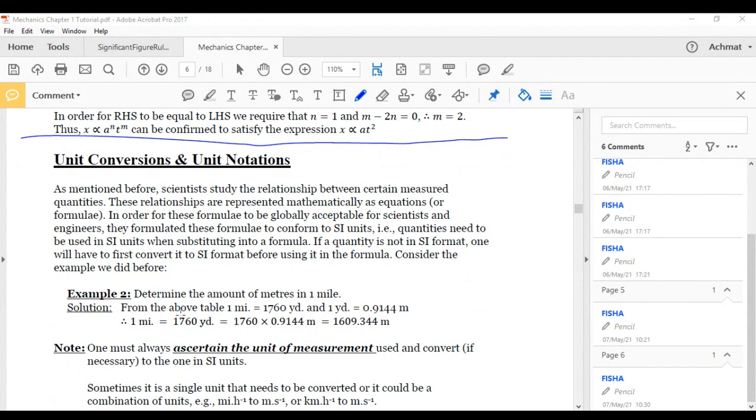So we can convert from miles to meters by considering these two conversions. And then if you want to know how many meters there are in 1 mile, then we'll start off, 1 mile is 1760 yards, and 1 yard is so many meters. So we just multiply this here by so many to get the number of meters in 1 mile.